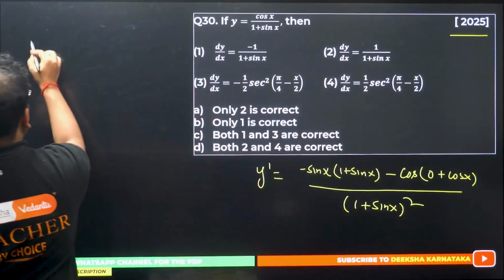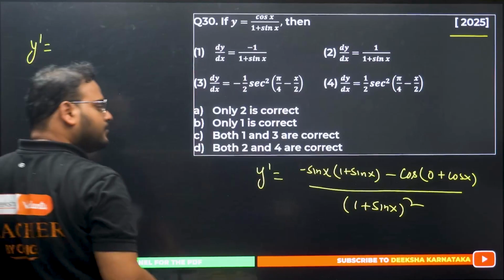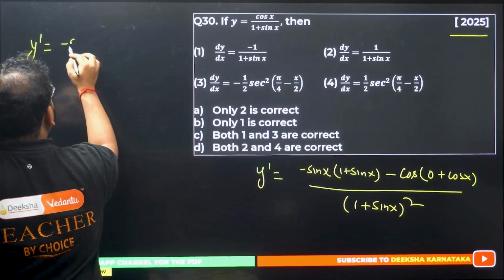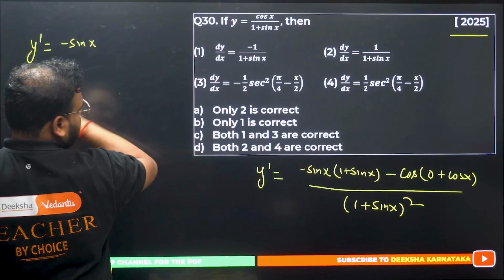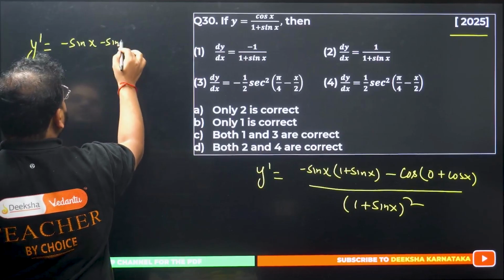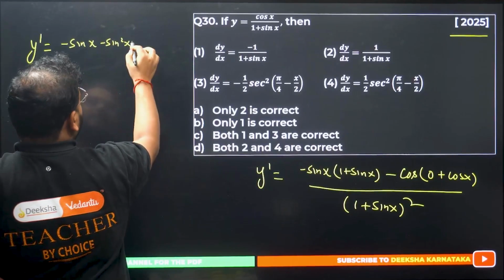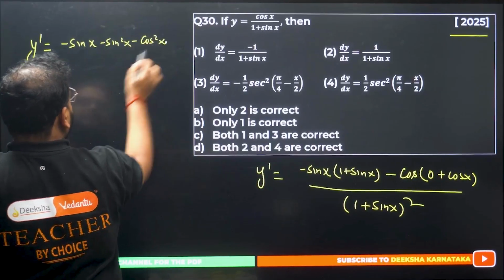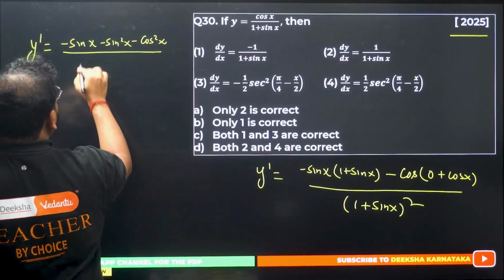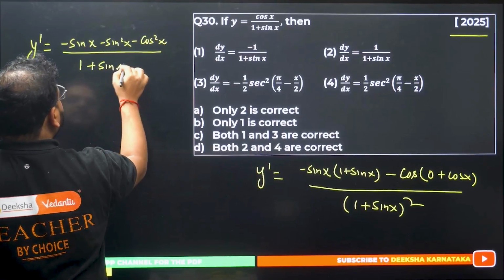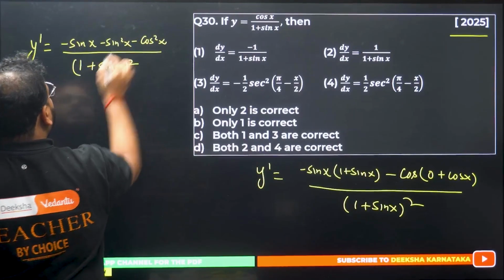Simplify this. I'm getting here y dash equals minus sin x, and I get minus sin square x, and here minus cos square x, divided by 1 plus sin x the whole square. Check this out.